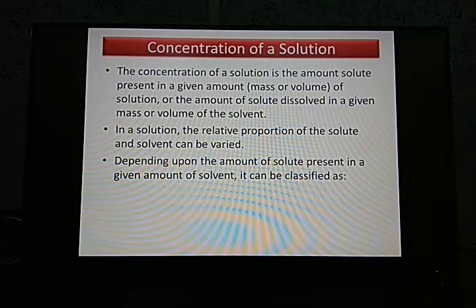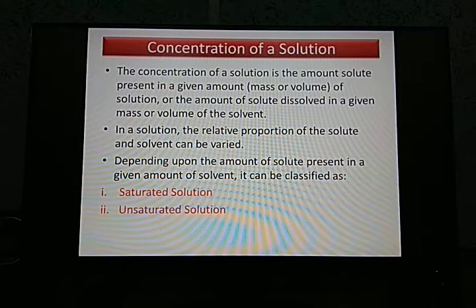Next, depending upon the amount of solute present in a given amount of solvent, solutions can be classified into two categories. Number one is saturated solution, and number two is unsaturated solution.